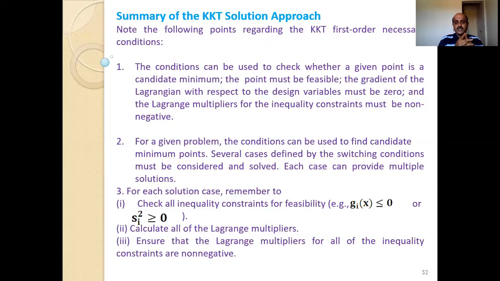So these are the conditions that need to be satisfied if we use the KKT first order necessary conditions for checking whether the given point is a candidate minimum.